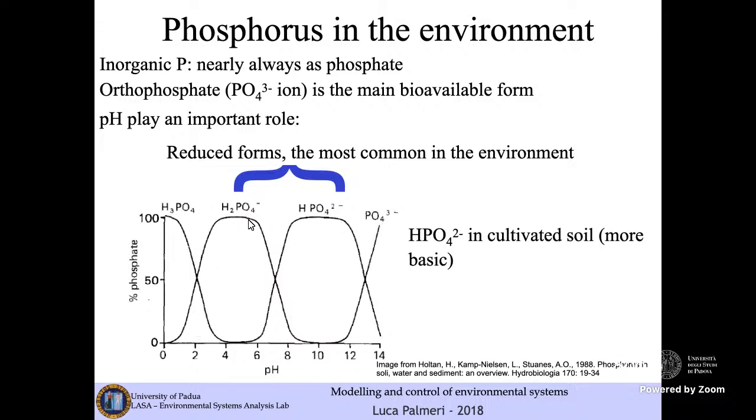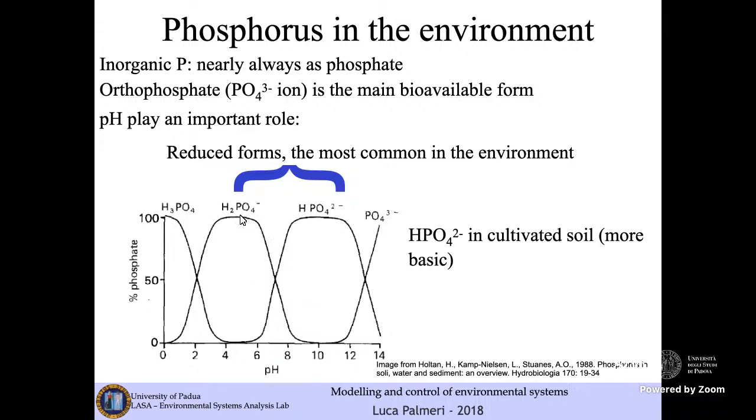For these elements, the percentage of phosphates depends on the equilibrium between the phosphate and the reduced forms, and depends on two optimal values of pH.